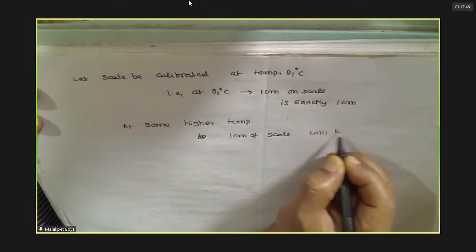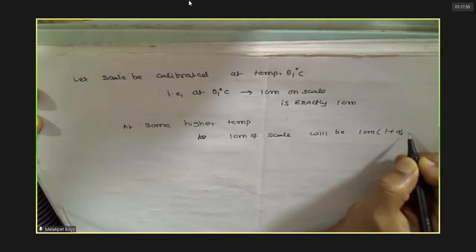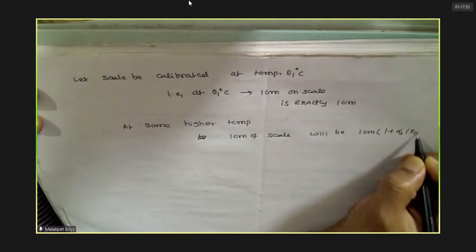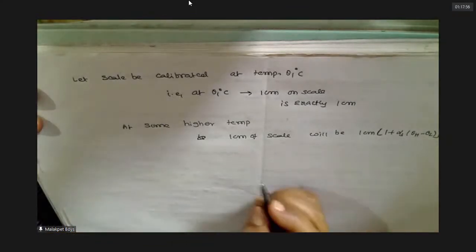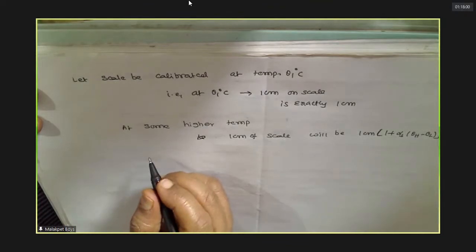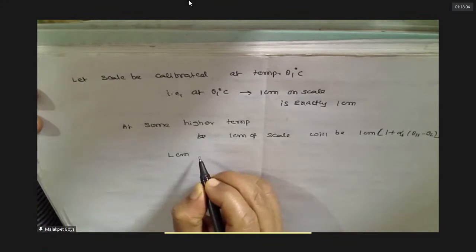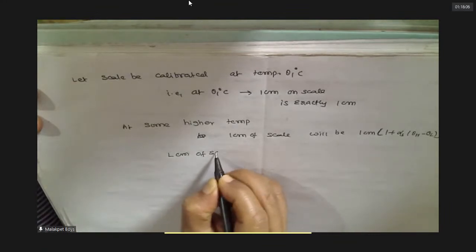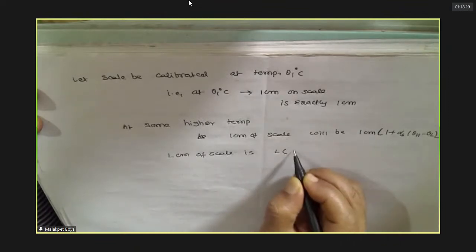At a higher temperature, 1 centimeter of the scale will be how much? 1 plus alpha of scale into higher minus lower. Do you agree with this? Agreed, sir. Clear? Yes, sir. That means L centimeters of scale is L into that factor.